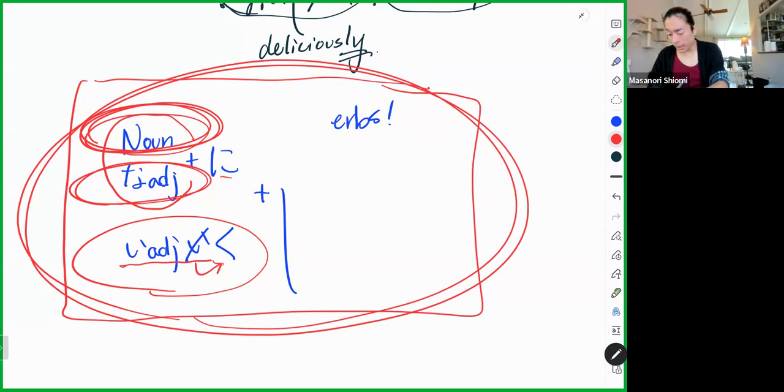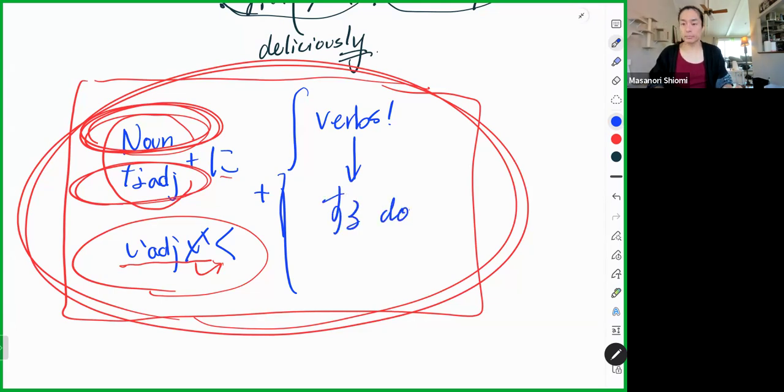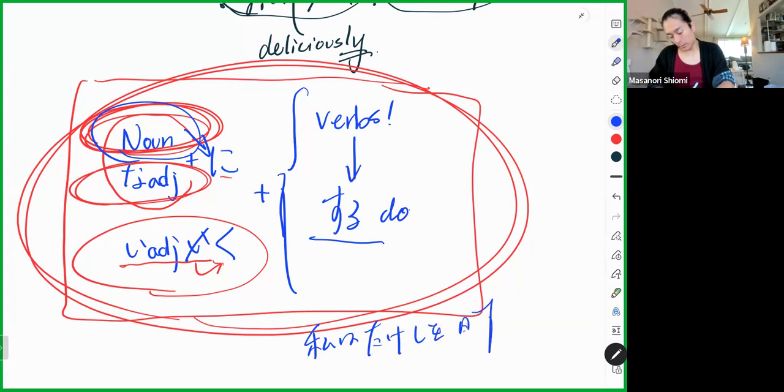There's one verb that, in particular, looks like it gives a little bit of a different meaning. And that special verb is する, to do. Imagine, for example, using the noun. 日本人にする。私は、たけしを日本人にしました。What do you think it means, right?